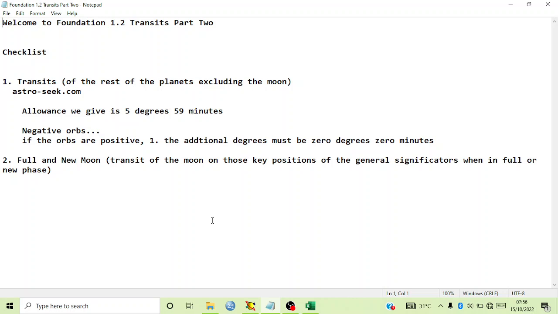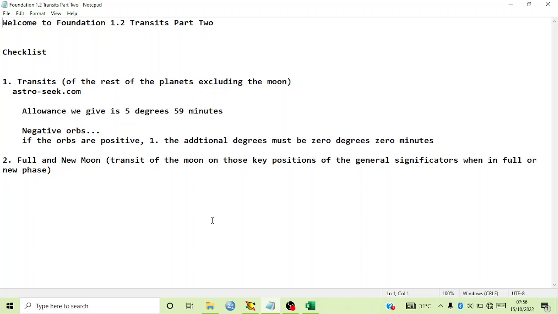I'm going to be breaking down the transit part 2 video, foundation 1.2, and now I'm going to move on to how we analyze based on the transit.